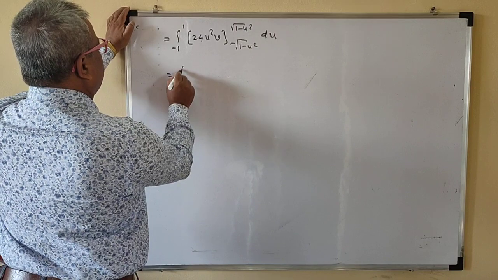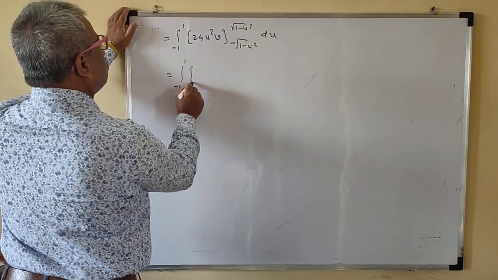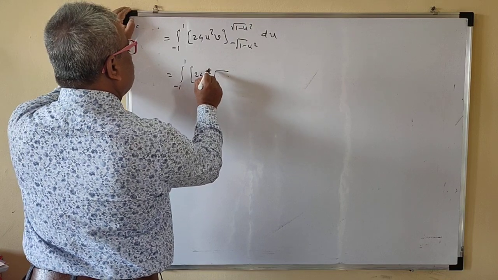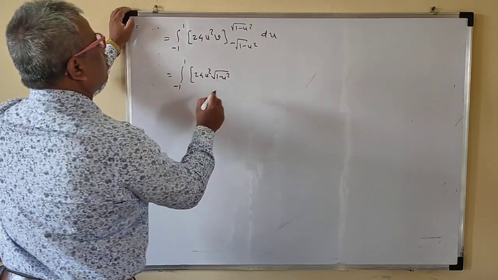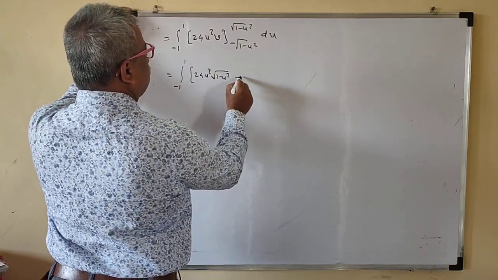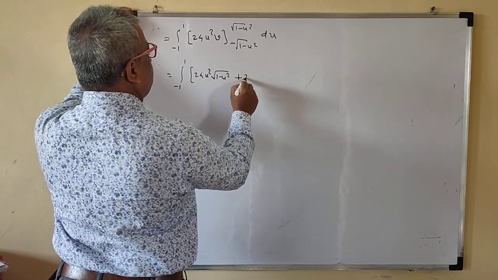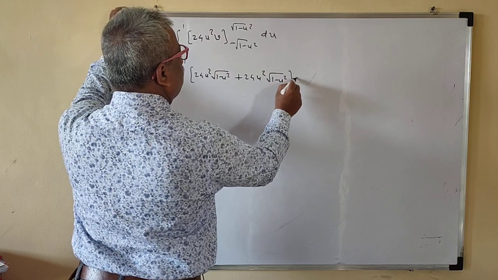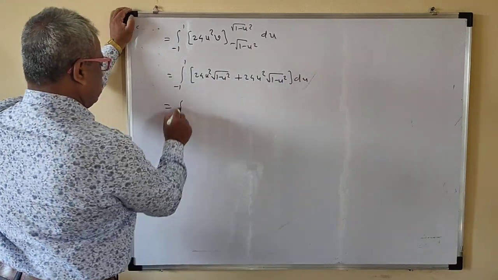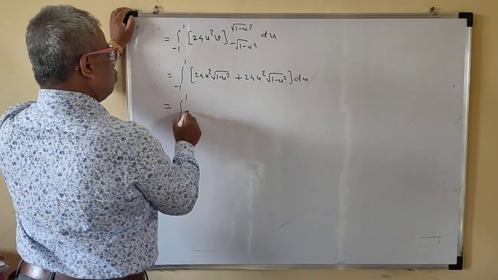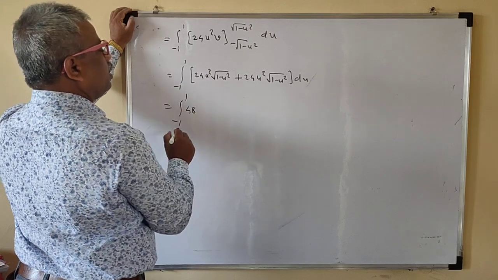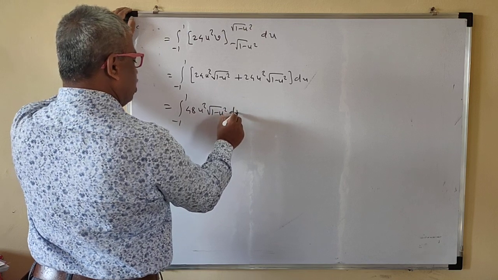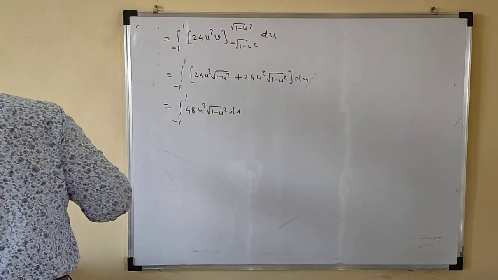So now this is what? -1 to 1. So first we will put the upper limit. 24 u square root of 1 minus u square. Then what? Minus becomes plus again. This is 24 u square root of 1 minus u square du. So this is -1 to 1. So this is 48 now. 48 u square root of 1 minus u square du. Right?